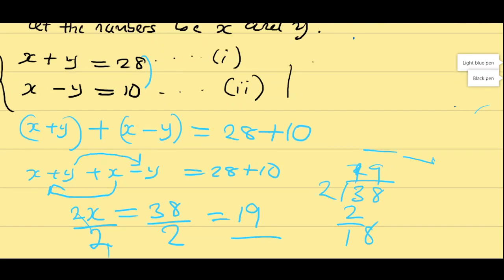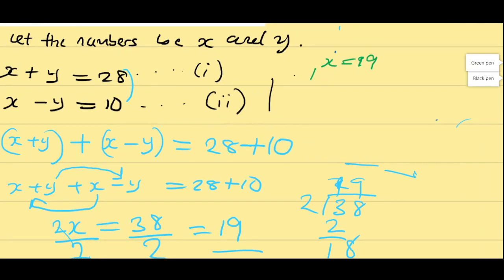Having known that one of the numbers is 19, we can simply come here and say, x was given as 19. So we know x is equal to 19, and we know that x plus y is 28.